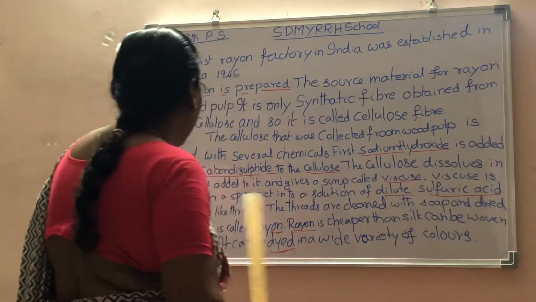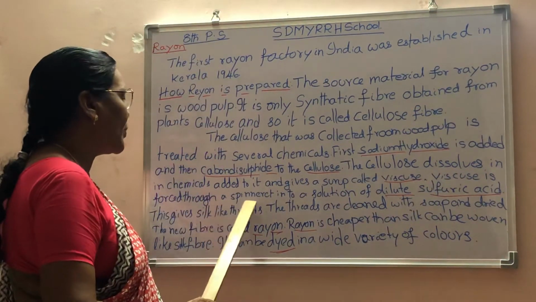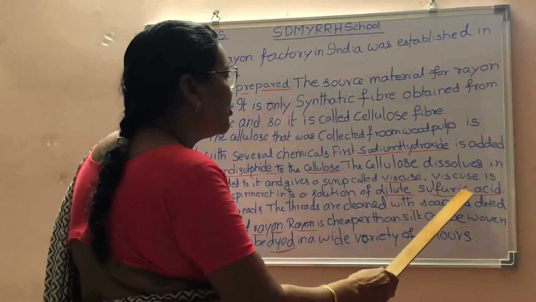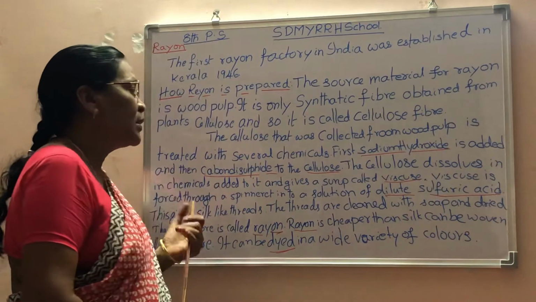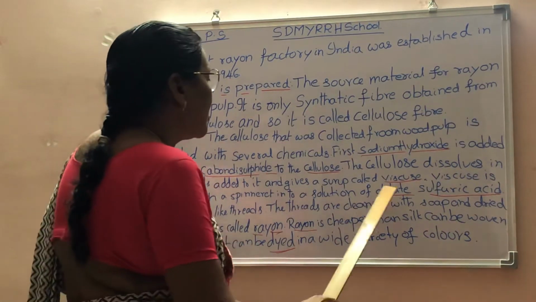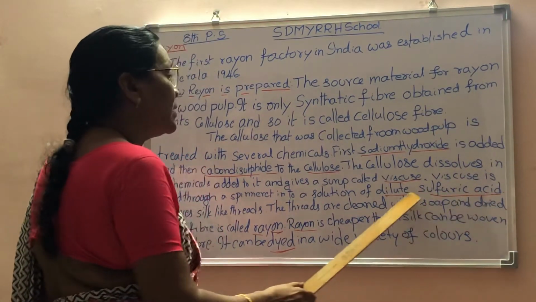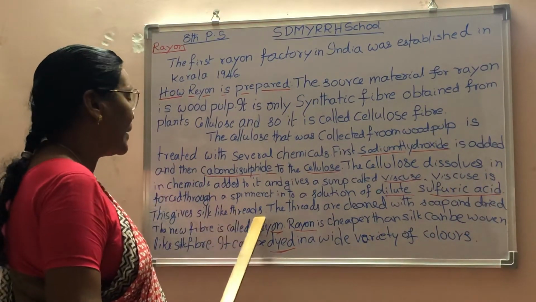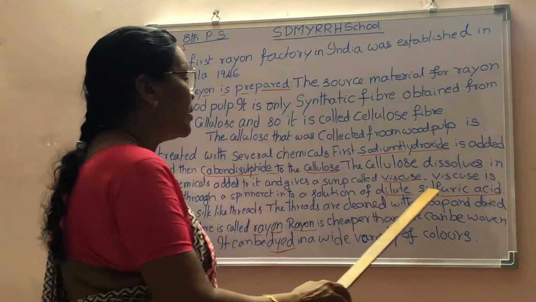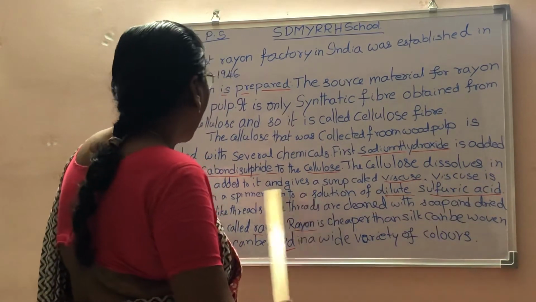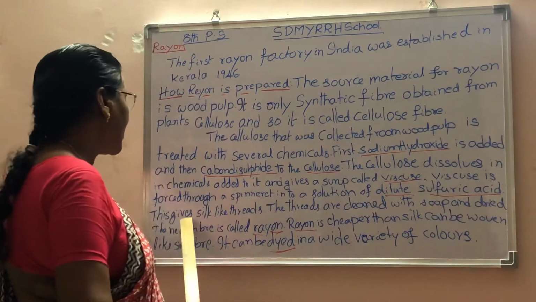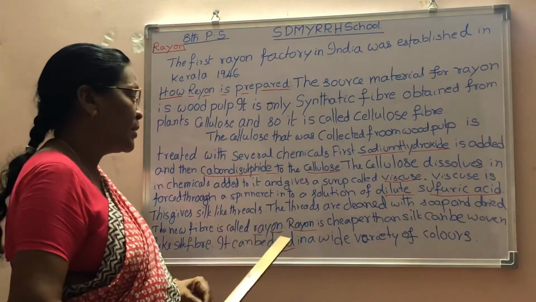Viscose is forced through a spinneret into a solution of dilute sulfuric acid. To spin it, it dissolves in dilute sulfuric acid. This is also a chemical. This gives silk-like threads. After adding this dilute sulfuric acid, this gives silk-like threads.